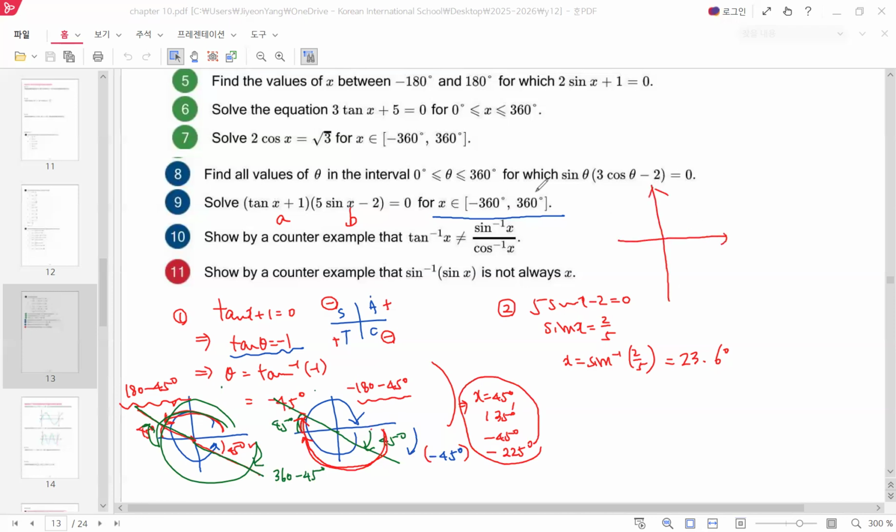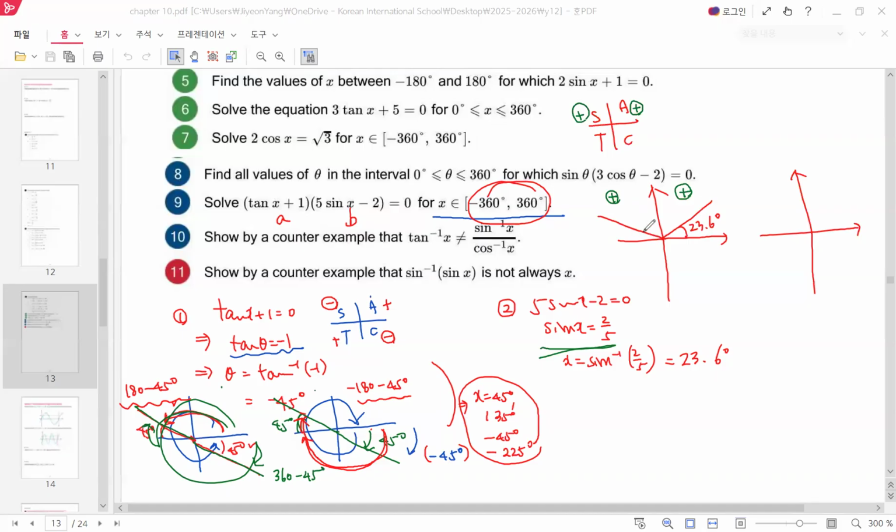Again, the positive direction is 1 full turn, the negative direction is 1 full turn, right? So 23.6 degrees here, positive. By using the CAS rule, sine is positive in the first and the second quadrant, right? The sine value is positive. So we need to find the angles located in the first and the second quadrant.